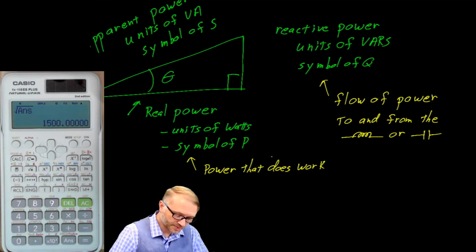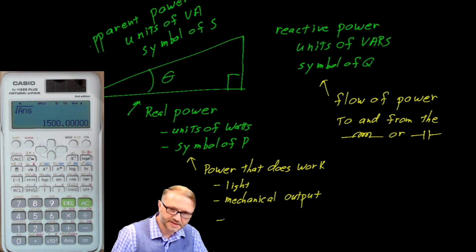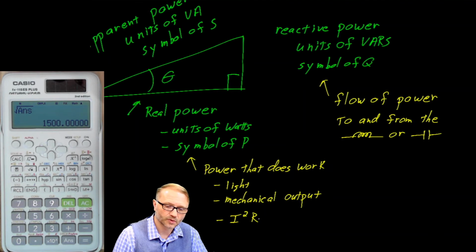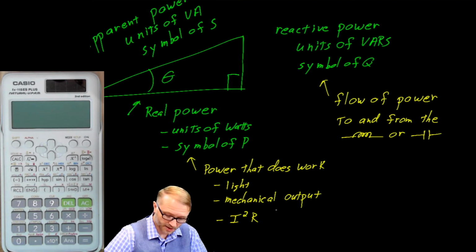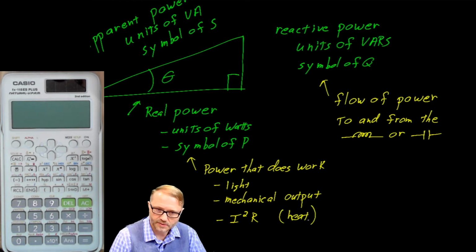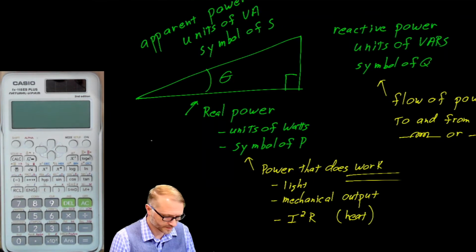A few examples are light, the mechanical output from a motor. It also includes other things that you might not consider work, such as the I squared R losses in a wire or in the windings of a motor. You could think of these I squared R losses as heat, and it takes real work to heat something up. So that's our definition there.